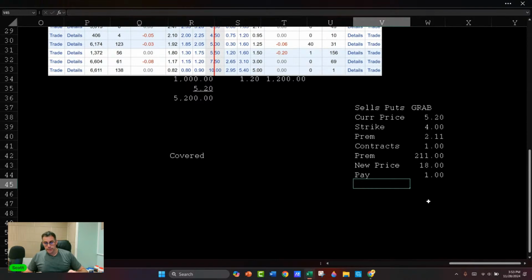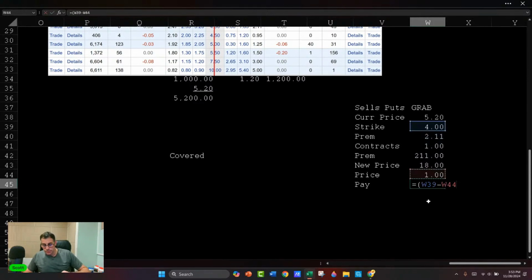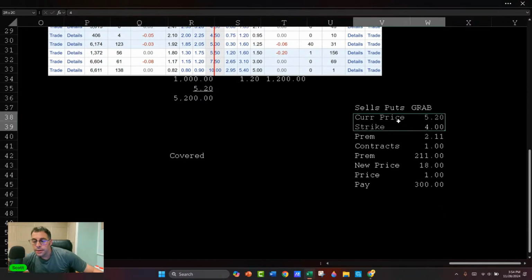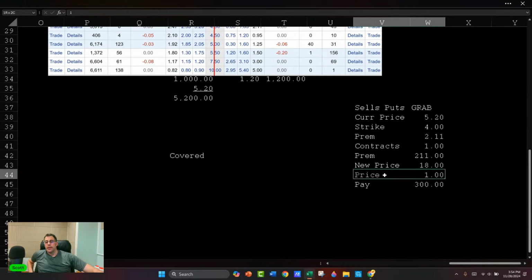Yeah, if the strike is 4, you only have to pay if it falls below 4. So even if it hits $4, you don't do anything.